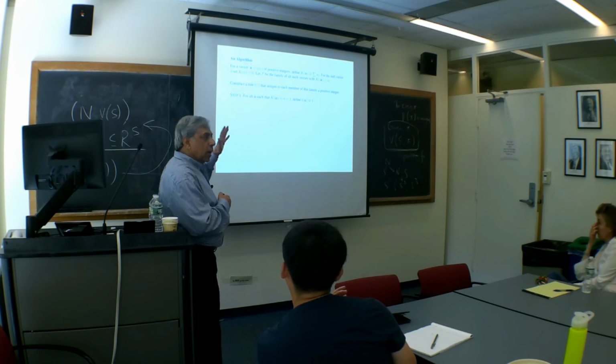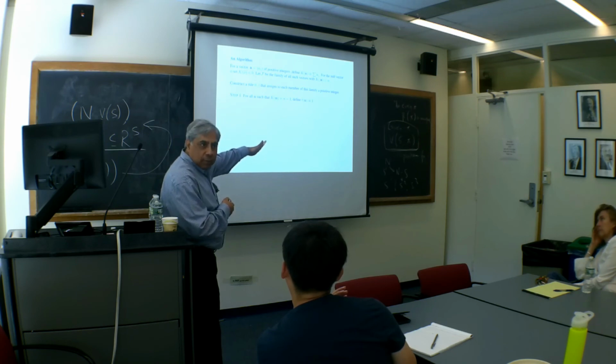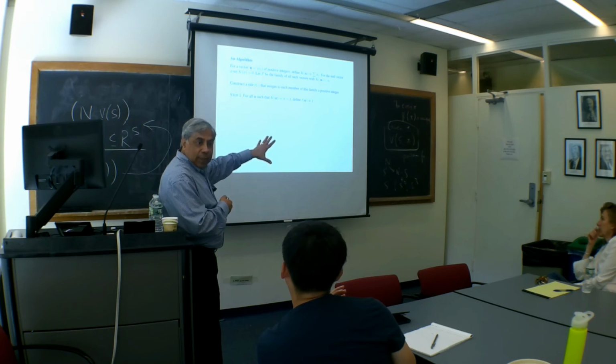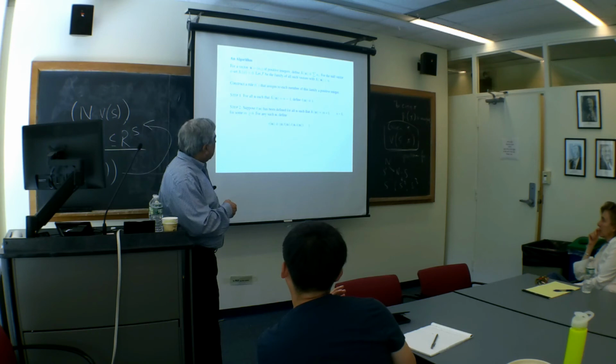If I have numbers n1, n2, n3, and they're adding up exactly to n minus 1, then T of n1, n2, n3 is 1. So I have to choose some number that is between 1 and what is left, n minus k. Suppose this has been defined for all numbers adding up to m plus 1 up to n minus 1.